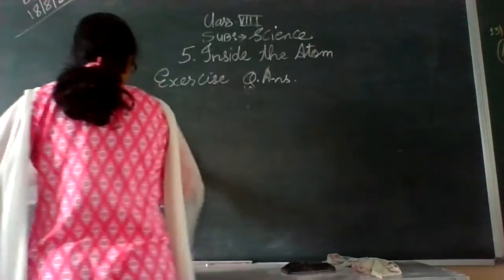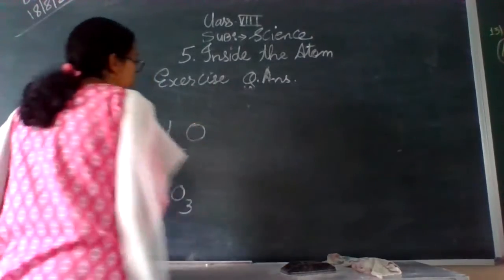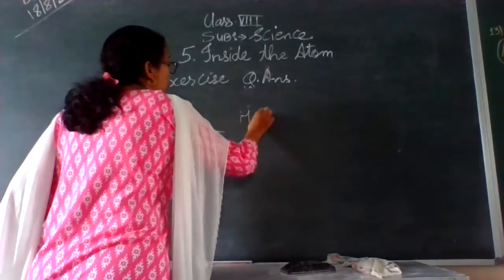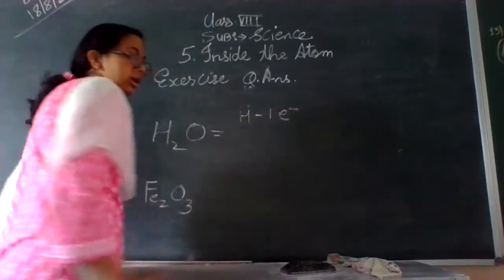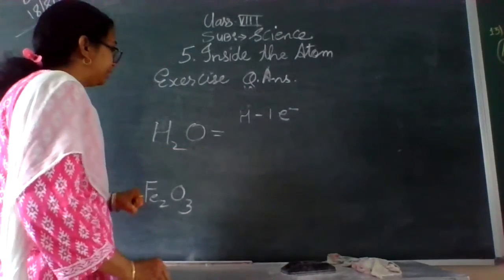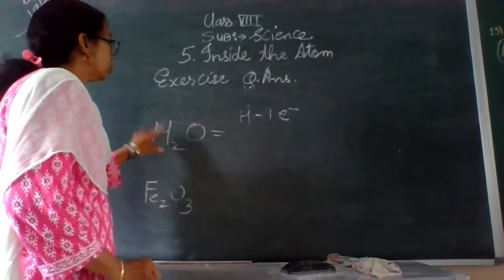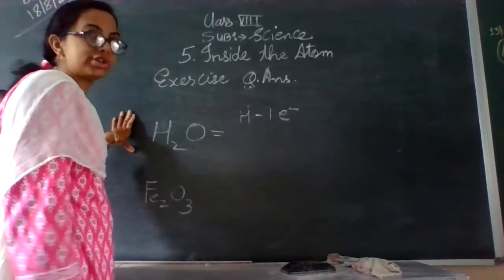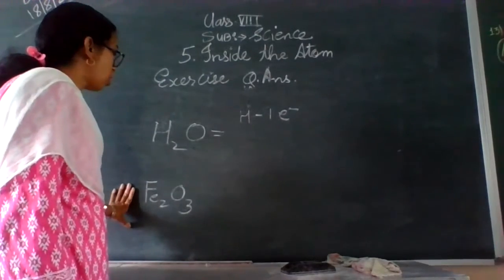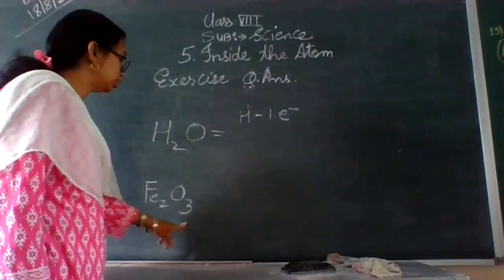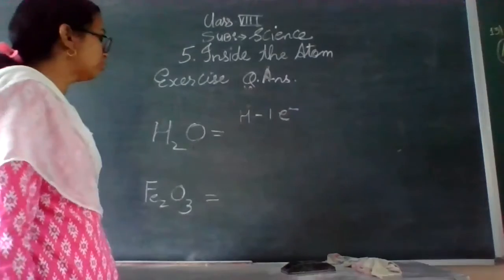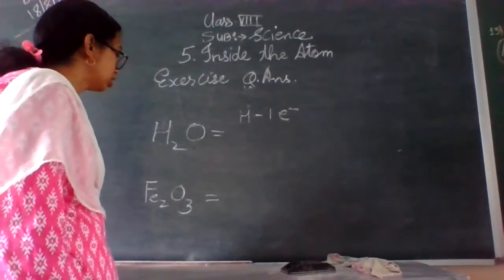In water, you see H2O, and hydrogen has only 1 electron in its atom. So for oxygen to complete its octet, 2 atoms of hydrogen were needed. On the other hand, Fe2O3 is the formula of the compound iron oxide.